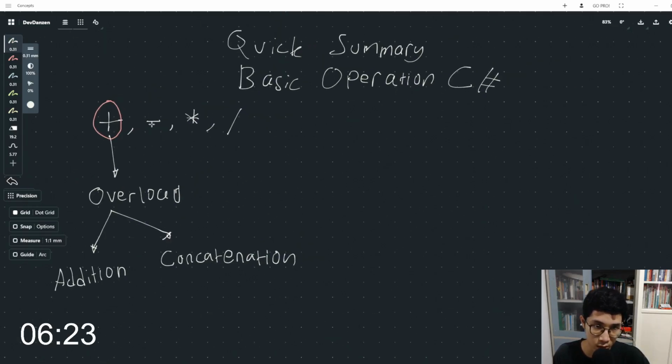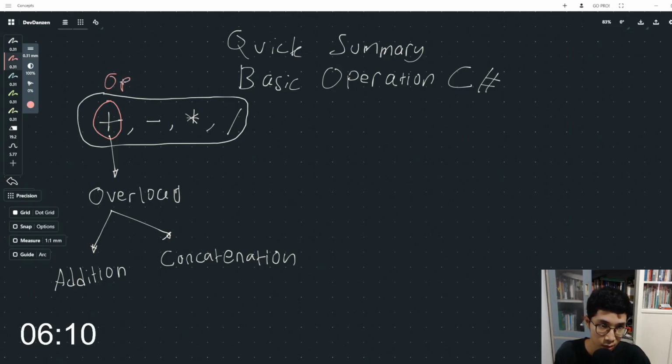But for other things, this one is called the operator, and don't forget that we have operands here.